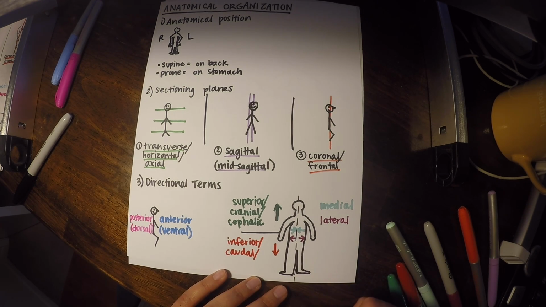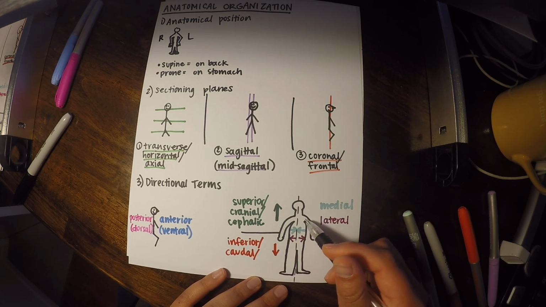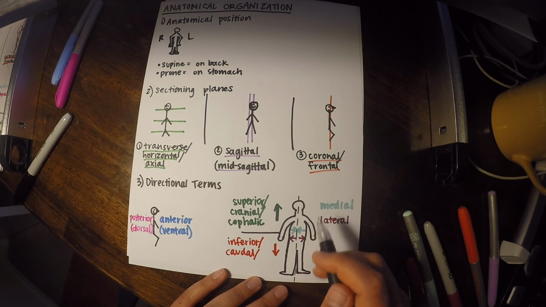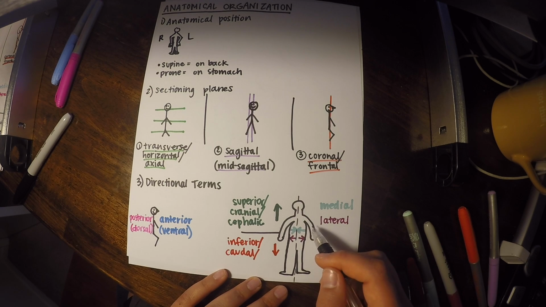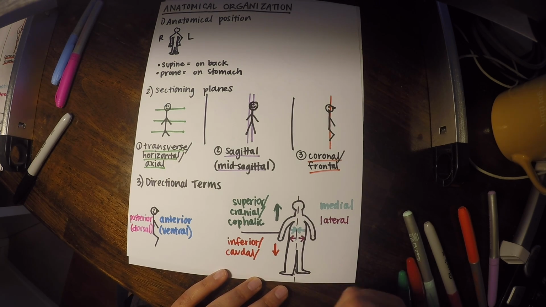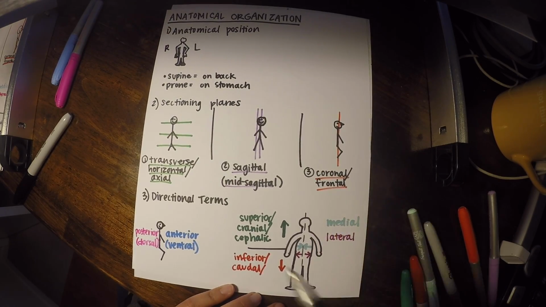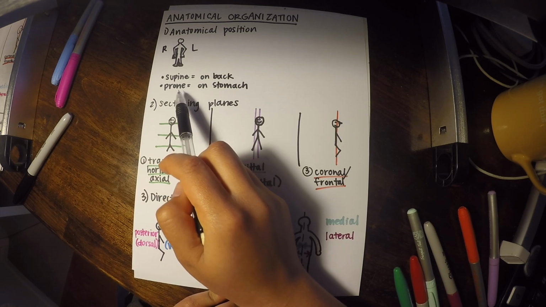We can also talk about this, for example, with the shoulder and the elbow. Your shoulder is superior to your elbow because it's higher up when we're talking about anatomical position. And your elbow is inferior to your shoulder because, again, we're talking about anatomical position. Now, this is hard because we can think, what if a patient is lying down, in the supine or prone position?